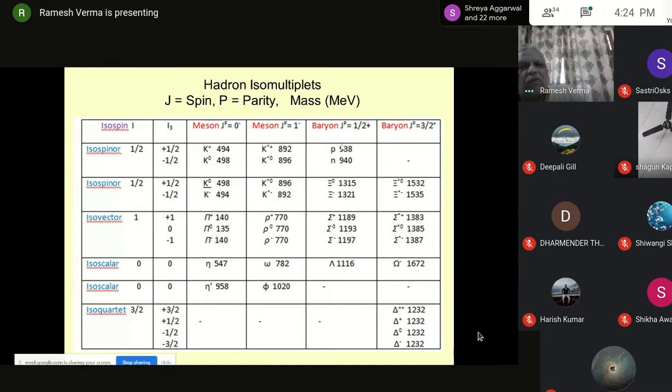Then we have an isoquadruplet, where the first example is delta plus plus, delta plus, delta 0, delta minus, with mass around the same. So in this way, these 2 plus 3 plus 5, 9 particles.